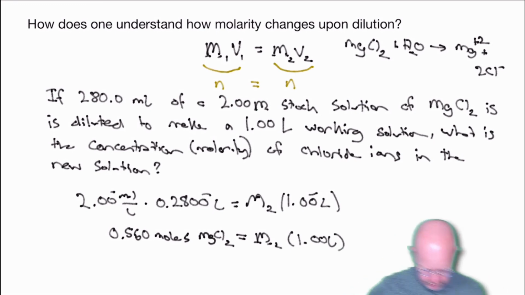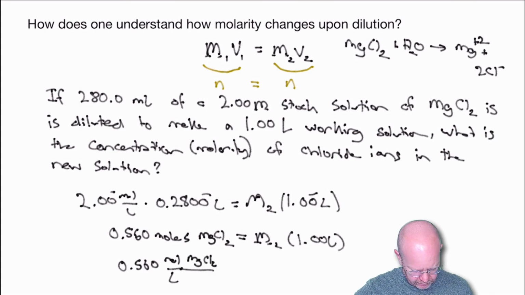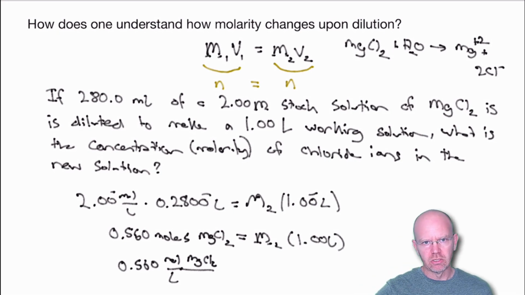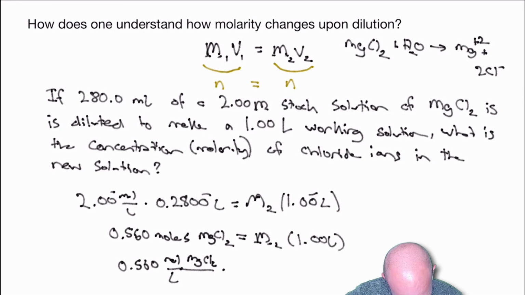Now what I'm going to do is divide through by that volume, and of course by dividing through by 1 it doesn't change this number, but it does change the unit: 0.560 moles per liter, and importantly it's moles of magnesium chloride per liter of solution. So this is our new concentration of magnesium chloride. Now we need to remember that for every 1 mole of magnesium chloride, there are 2 moles of chloride ions, right?